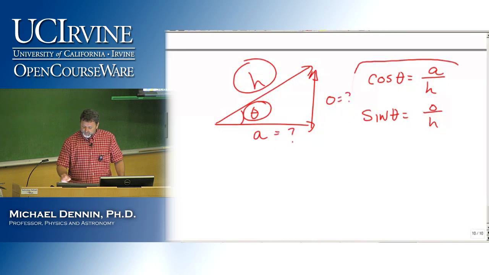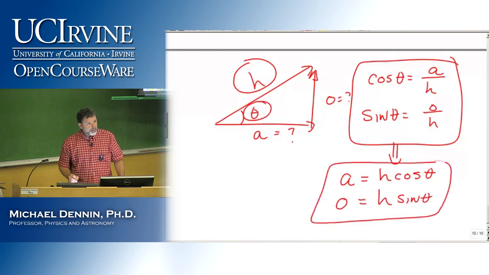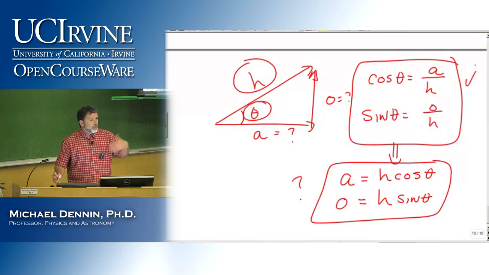And so it's useful to rewrite each of these as the adjacent side is the hypotenuse times cosine theta, and the opposite side is hypotenuse times sine theta. And to remember this form of it versus that form. Now, if you don't remember this, but you remember this because that's what you learned so long ago, then just do the two steps.